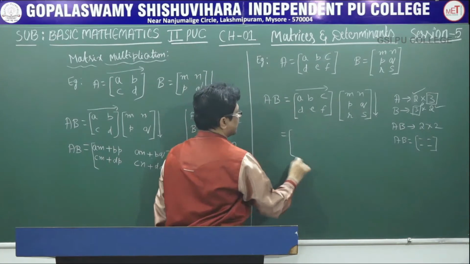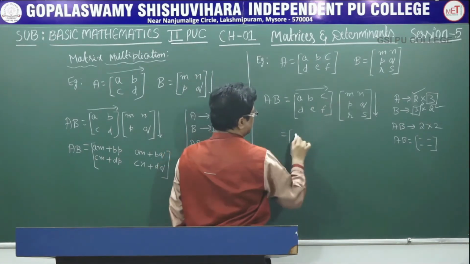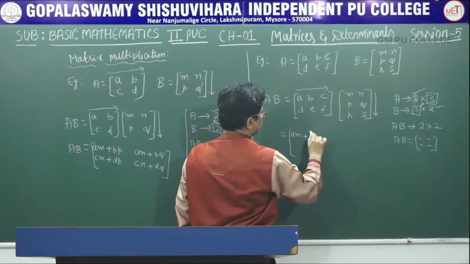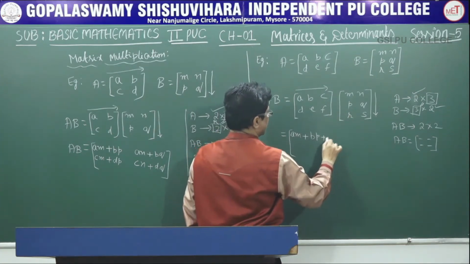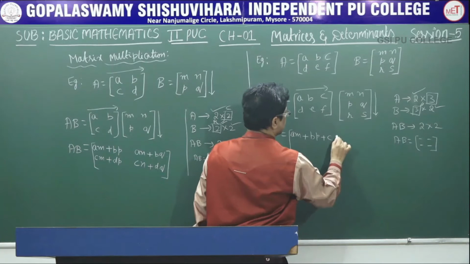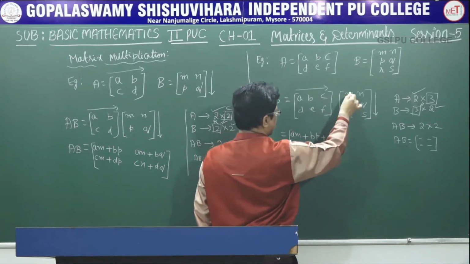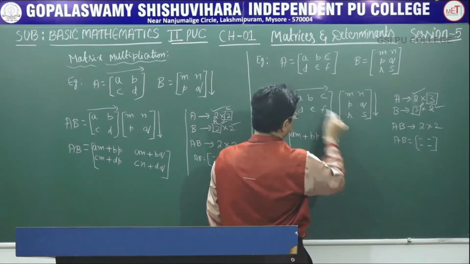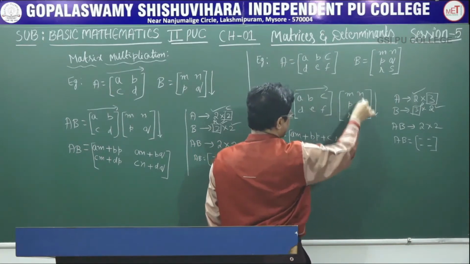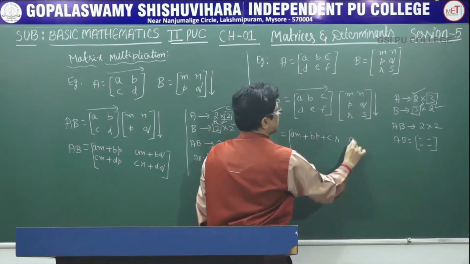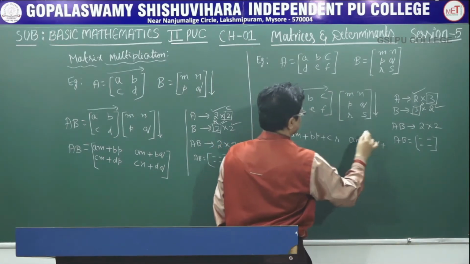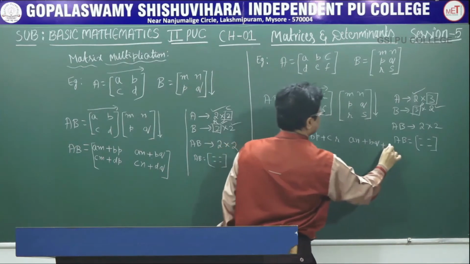So that will be equal to A into M plus B into P plus C into R, that is first row into first column. Next element is first row into second column, that is A into N plus B into Q plus C into S.